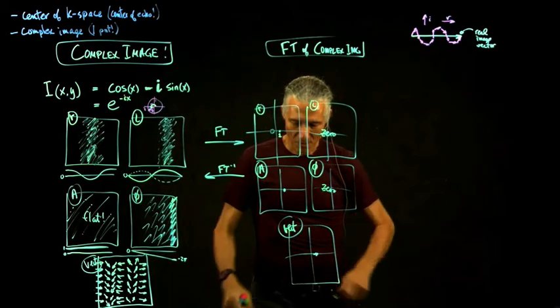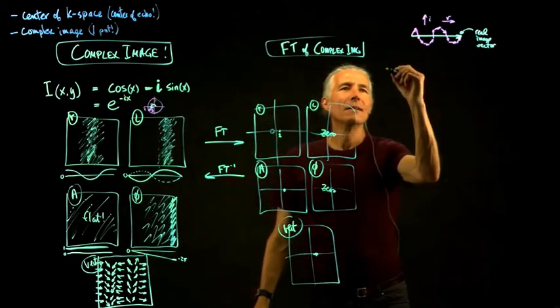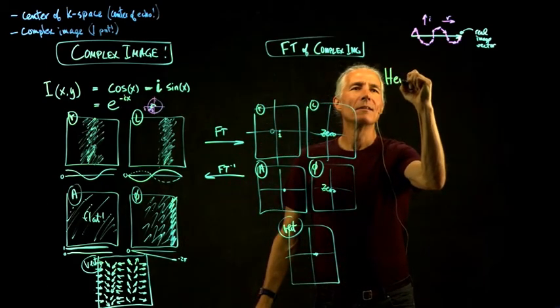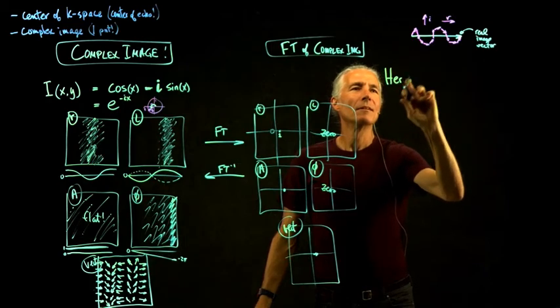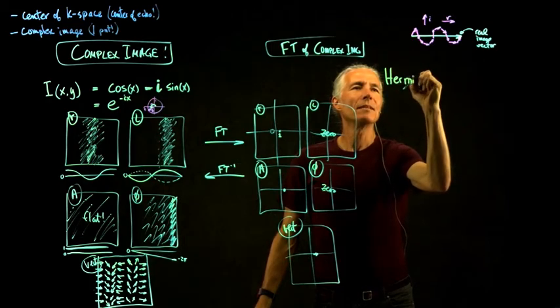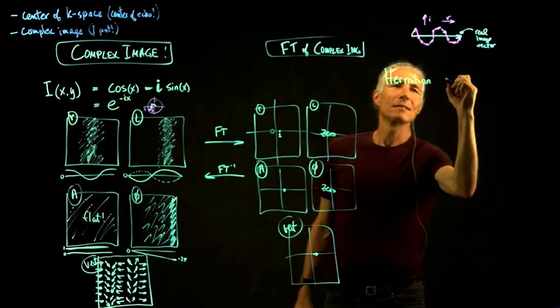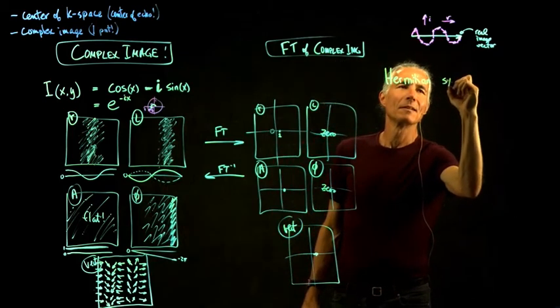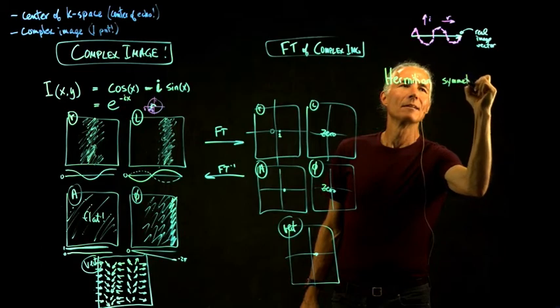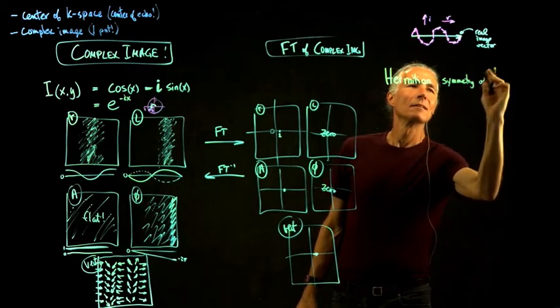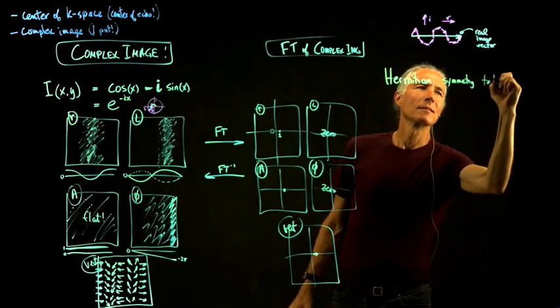And so it turns out that's called Hermitian, like hermit, but it was after a French guy. Hermitian symmetry to kSpace.